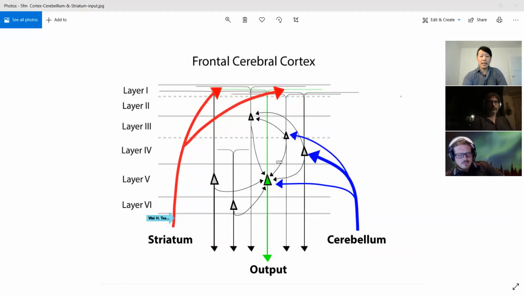What it means is that the bottom-up pathway ending in layer 4 is where the cerebellum projects to, but a top-down pathway ending in layer 1 is where the striatum projects to. So what does it mean? It means that now we can understand what the cerebellum and the striatum do.